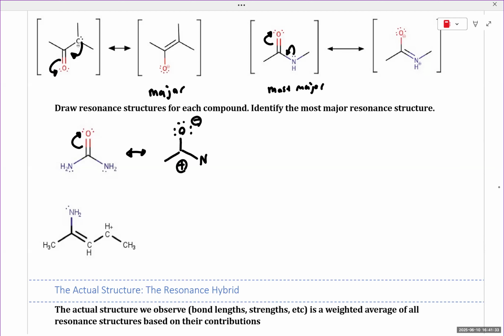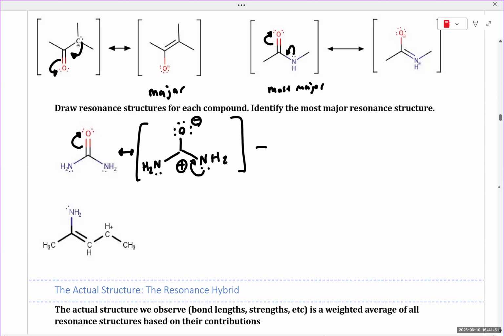Now, given the fact that this structure does not follow the octet rule, it's not going to be particularly major. But the reason why I'm drawing it is that if you're ever having trouble with multi-step arrow pushing, you can always break things down to the fundamental steps.